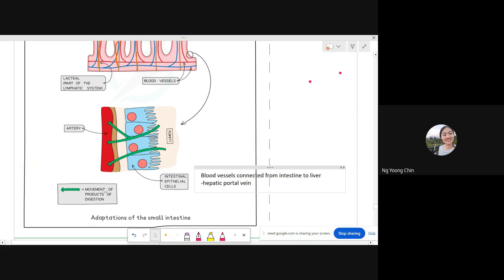Once the nutrients are absorbed by the intestinal villi, they are still not able to be used by the cells. So they need to travel from the intestinal villi into blood capillaries, then into the hepatic portal vein, and then travel to the liver. Once they reach the liver, the liver will process the nutrients so they can be used by the cells. So this process is called assimilation.